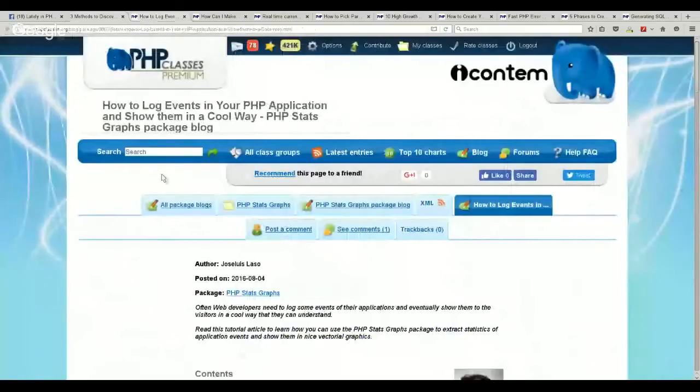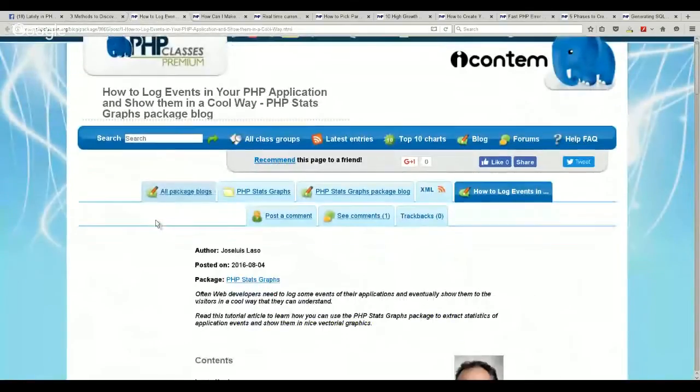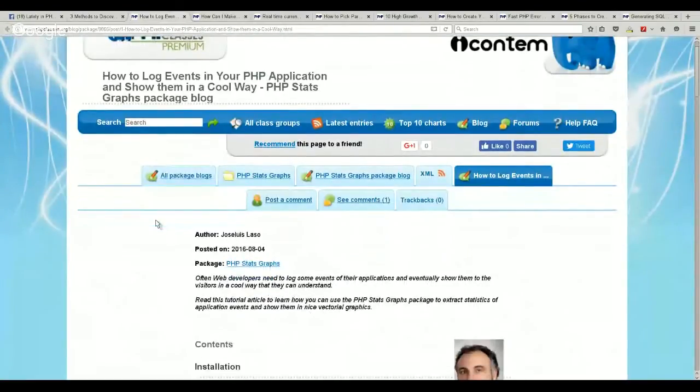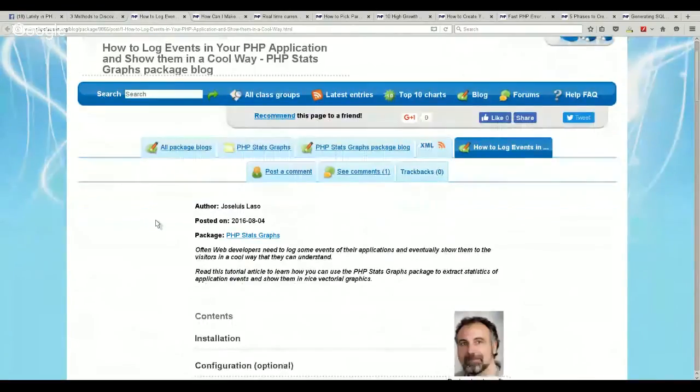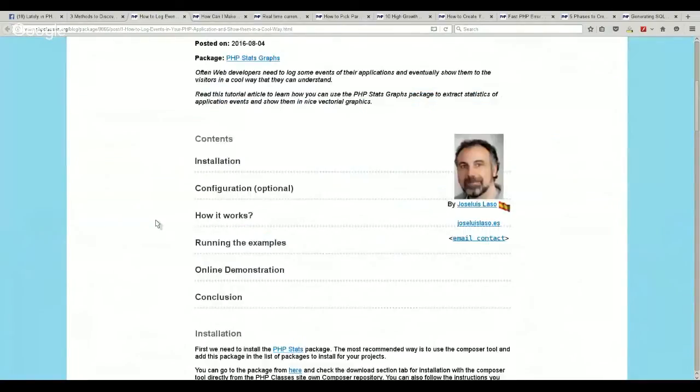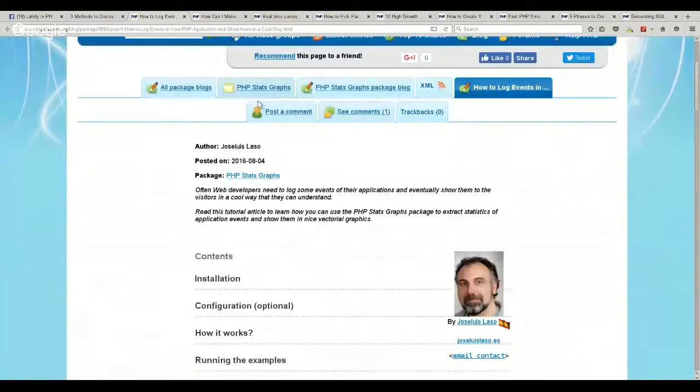Now, moving on to another article, which is more about solutions to, for instance, log events and show them in a cool way. This is an article written by José Luis Lasso in the PHP Classes blog, and it is related with a package that he developed.